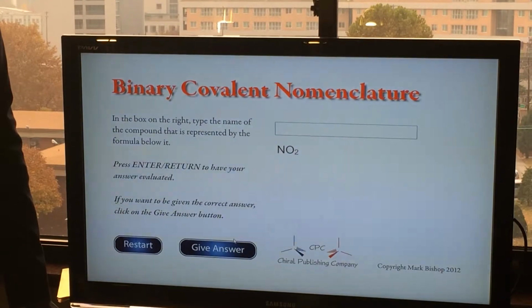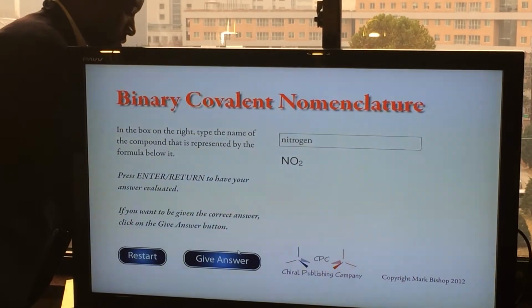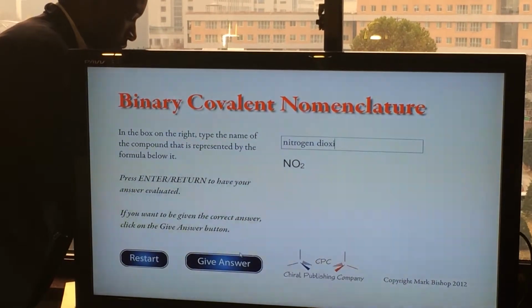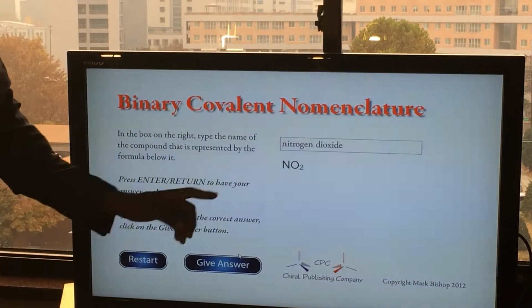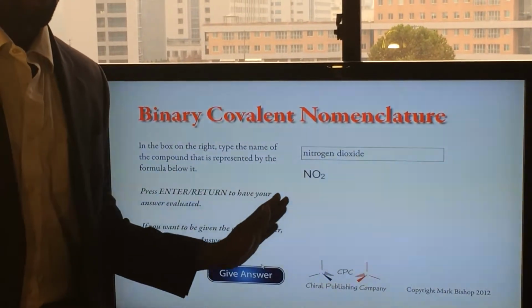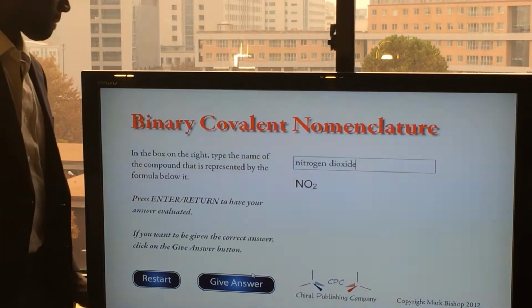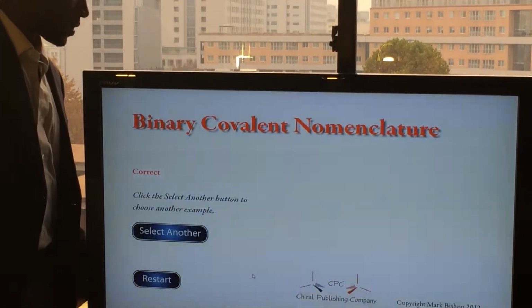So this would be nitrogen dioxide. So I know that it's an oxide because this is located on the right side of my chemical formula, so it must serve as my cation. Or my anion, sorry.